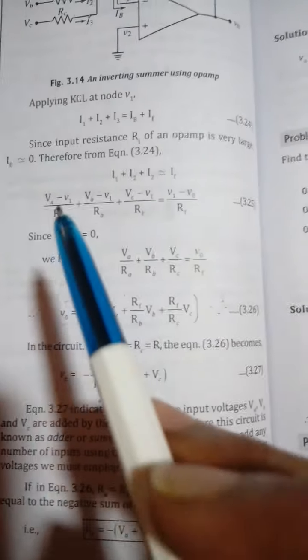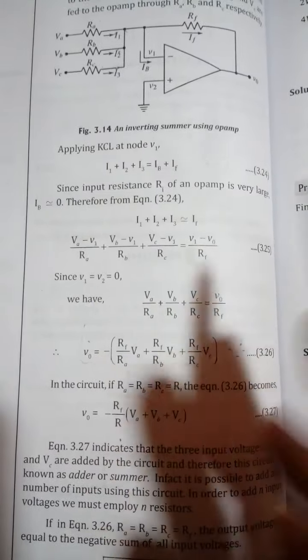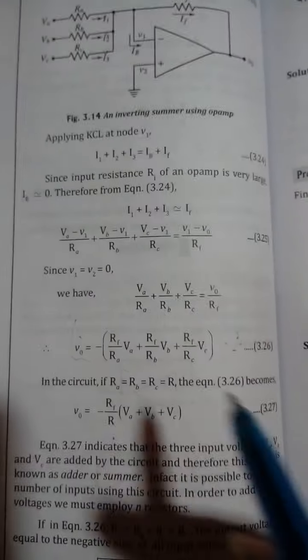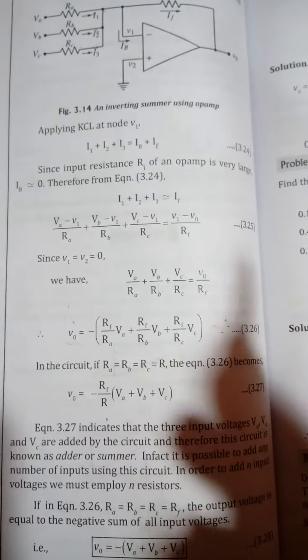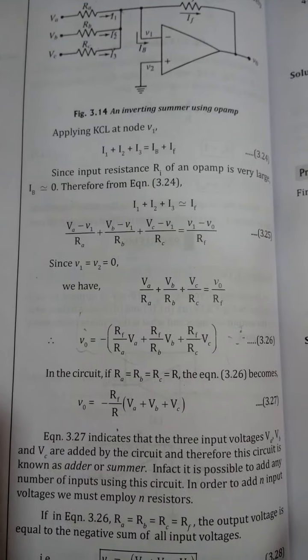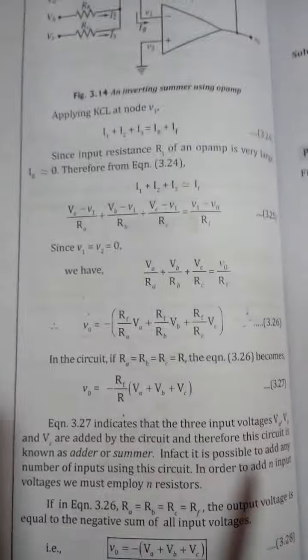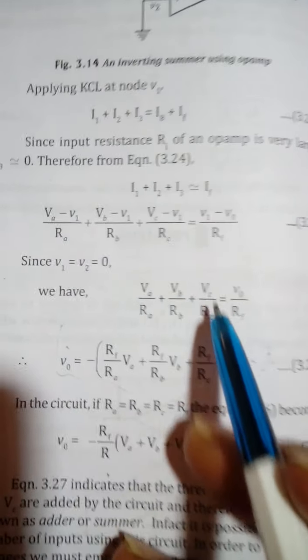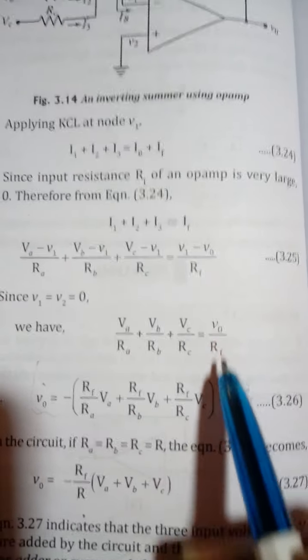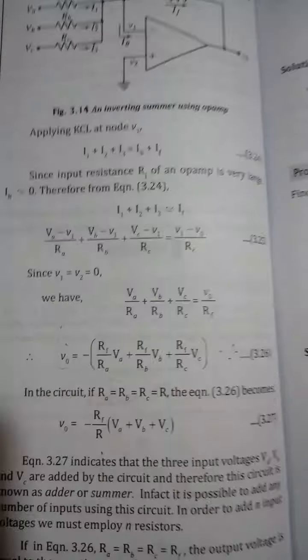Since V1 is equal to V2 equal to 0, in this case V1 will go off, and you are left with VA by RA plus VB by RB plus VC by RC equals minus V0 by RF, by removing V1.